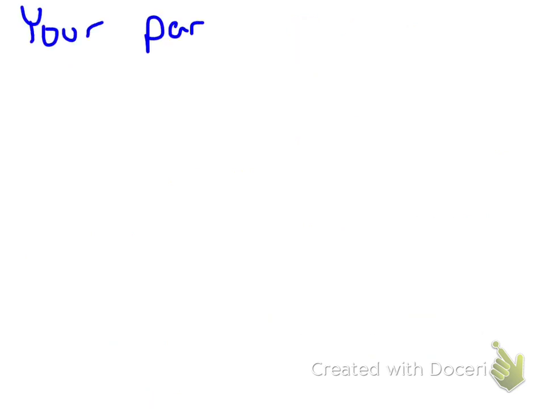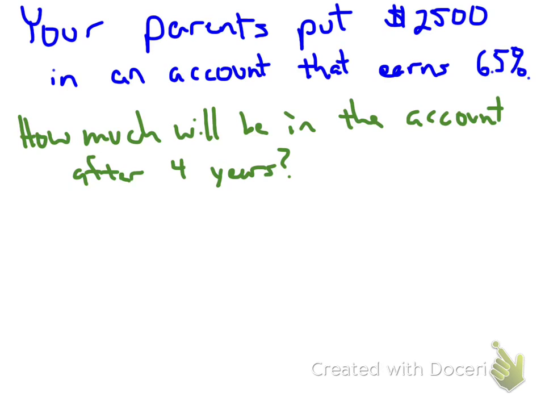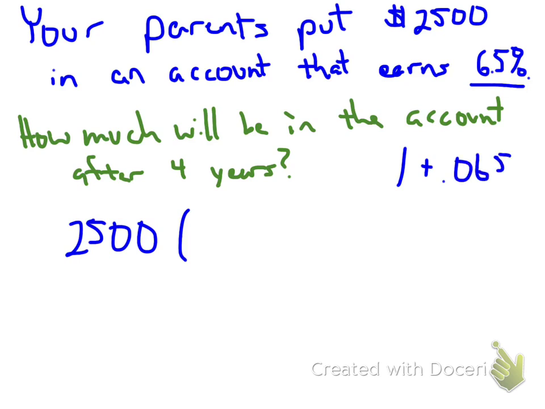All right, so with this part here, we are starting with $2,500. If it is earning 6.5%, that means your multiplier is going to be 100%, or 1, plus 6.5%, which is 0.065. So my multiplier is 1.065. After 4 years, that is my exponent.